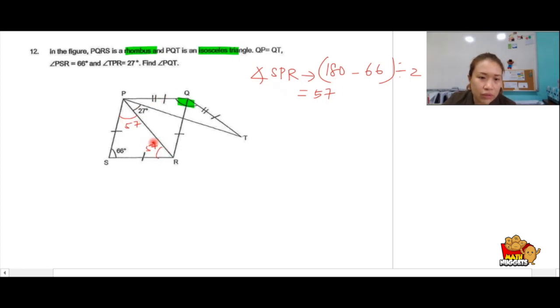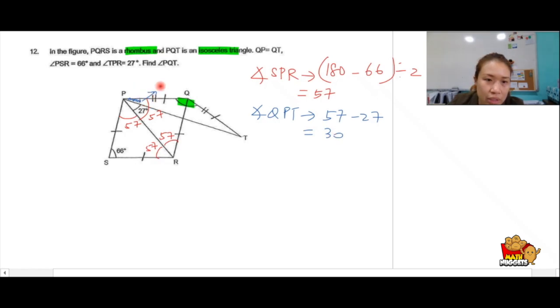This is 57 degrees, this is also 57 degrees, and this is 57 degrees. So with this, we'll be able to find angle QPT. So angle QPT is 57 degrees minus 27, which is 30 degrees.